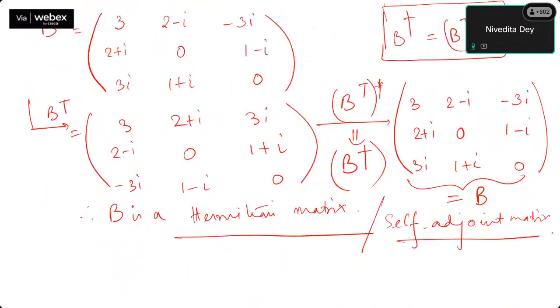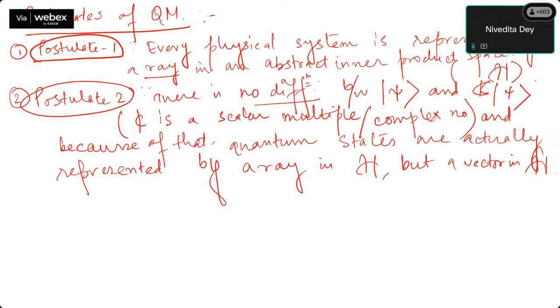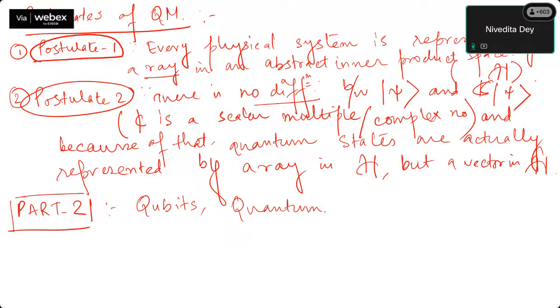We covered a little of these things, but we will look into it in a deeper way. So now we start part 2: the qubits, quantum states, and their representation. So, qubits versus quantum states.